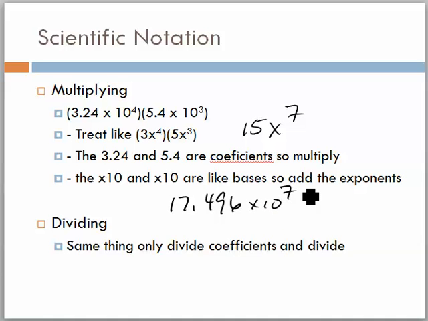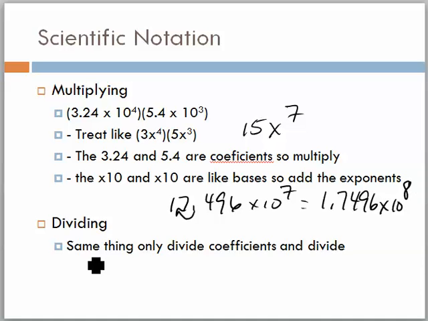That would be our answer, except it's not in scientific notation. This is a correct answer, but it's not in scientific notation. We would need to take this decimal and move it one spot over, and it becomes 1.7496 times 10 to the 8th.